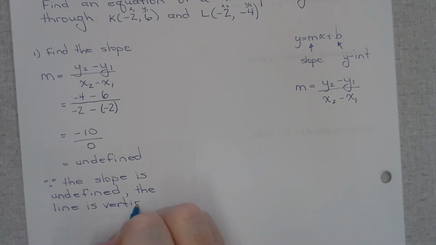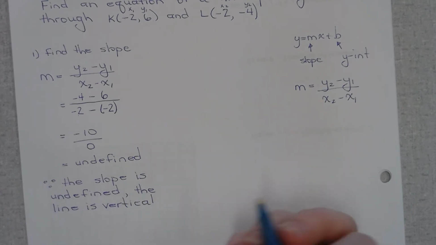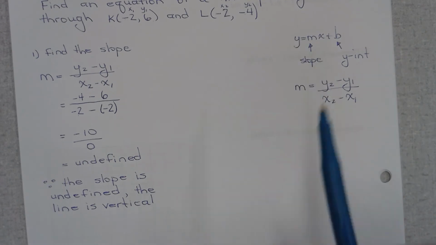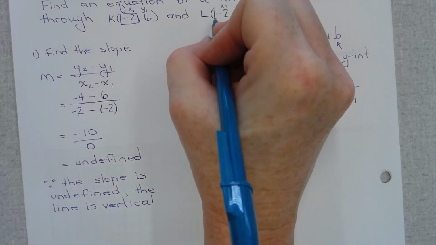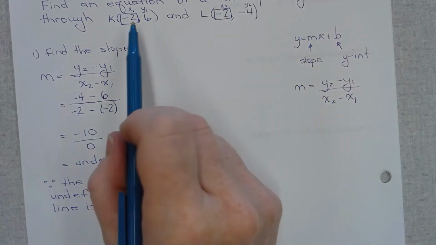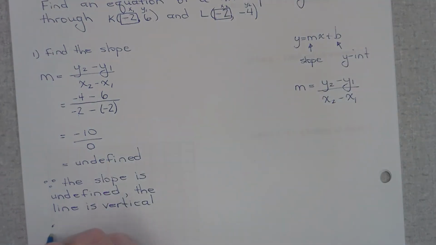And if you remember, the formula for vertical lines is simply this: if we look here, our x's are always the same when we have a vertical line. So the formula is just x equals -2.